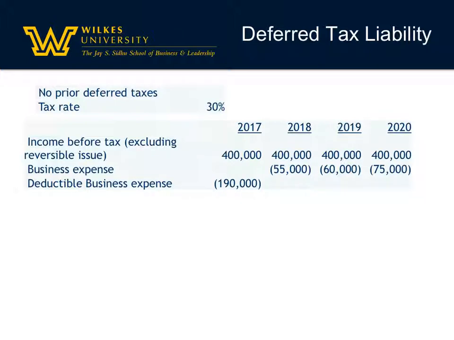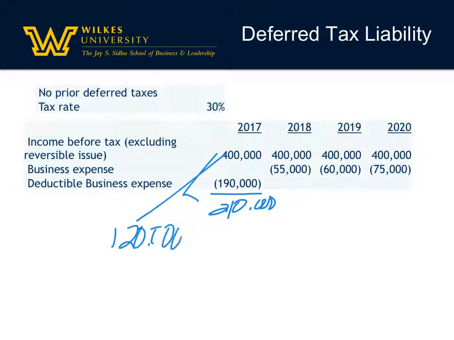For taxes, we do get to deduct it, so our taxable income is $210,000. That's lower than the $400,000. When we consider that there's a 30% tax rate, we're talking about the $400,000 is going to have taxes of $120,000, and the $210,000 in income is going to have tax of $63,000.